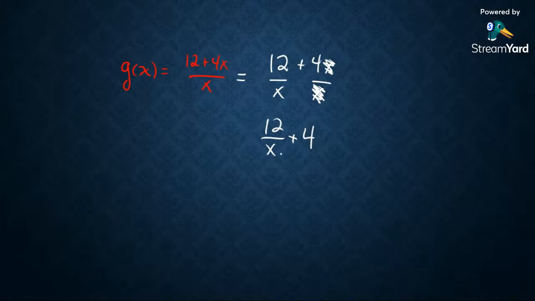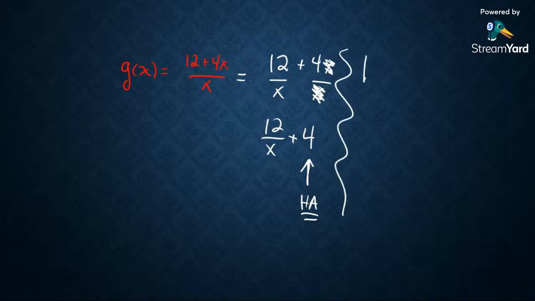If we were to graph this, what we found is that this number represents a horizontal asymptote for this equation. Another example of that would be h of x equal to 17 minus 36x over x.